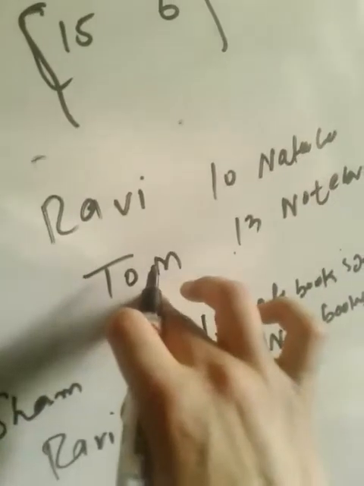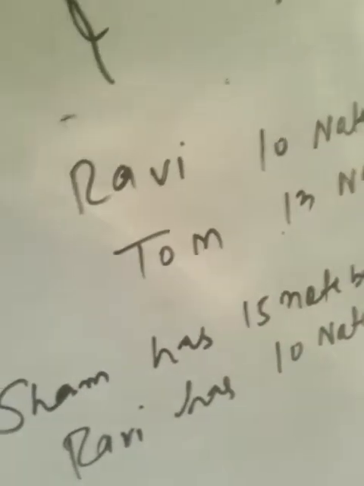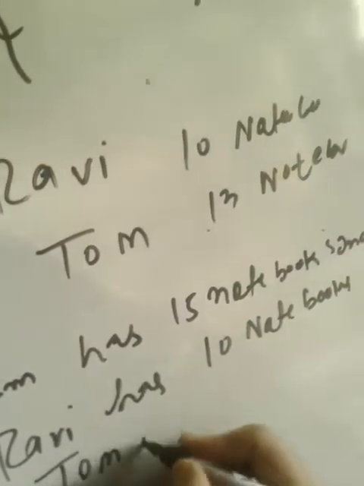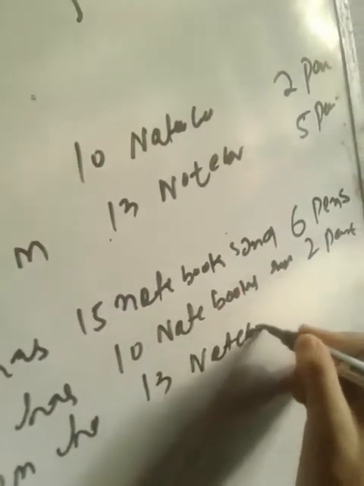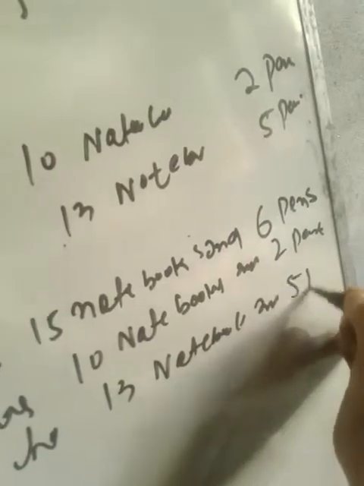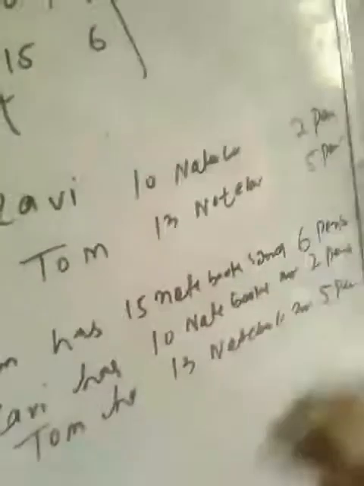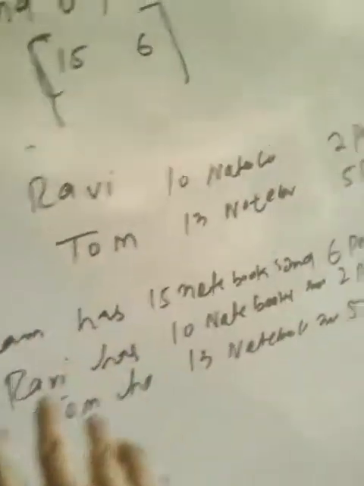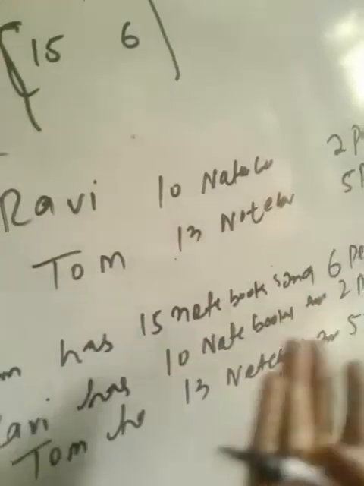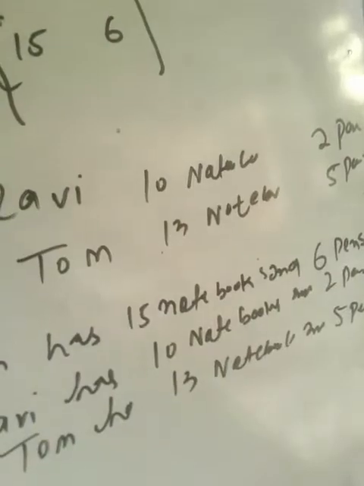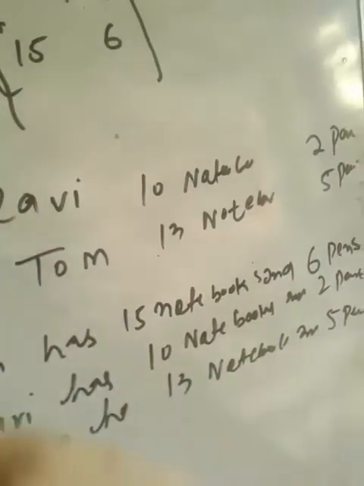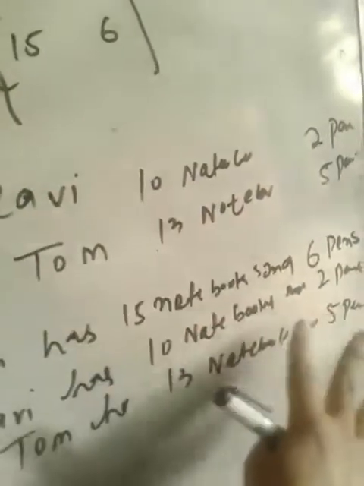We have another person, Tom. Tom has 13 notebooks and 5 pens. This is the combined information of the 3 persons, kept simultaneously in one notation, one picture, we can say.